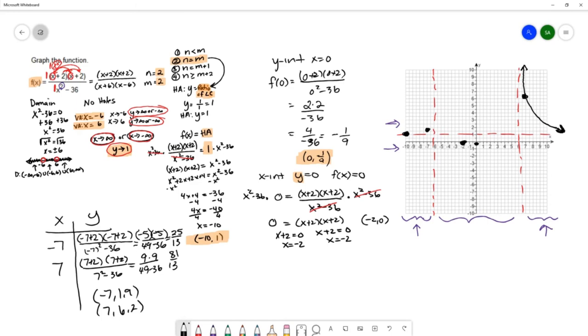In the section in the middle, I'm going to approach negative infinity on both sides, and on the left-hand section, on this side, I'll approach infinity. On this side, I'm going to cross the asymptote but come back to that horizontal asymptote.